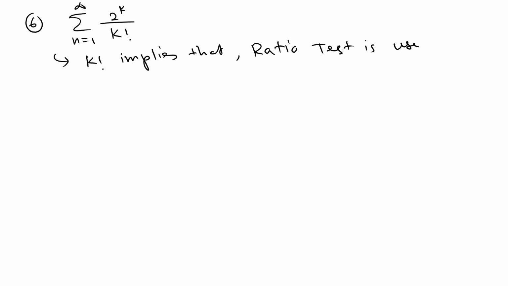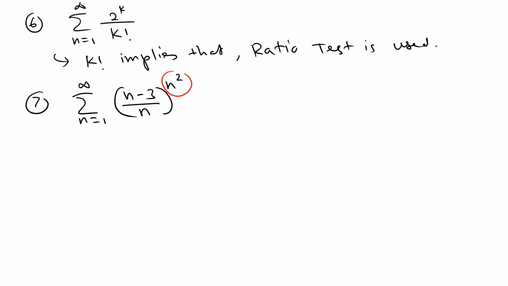Good. And number 7, let's say the sum from n going from 1 to infinity of (n minus 3 over n) to the n squared. So the n squared term, that means a power function of n.